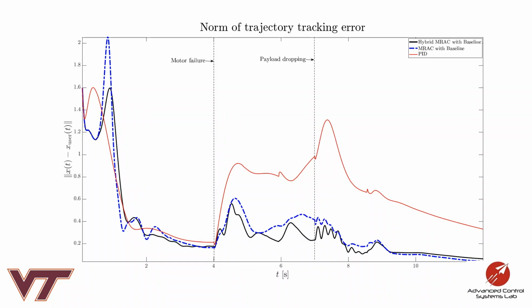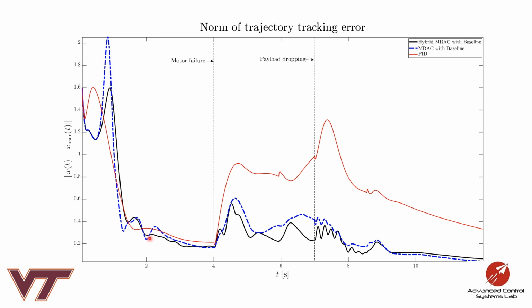Here we show the norm of the trajectory tracking error as a function of time, and as we can see, until the first resetting event, which happens here, the hybrid MRAC system and classical MRAC system are on top of each other, and the resetting event helps hybrid MRAC in preventing it from reaching such a high overshoot as classical MRAC does.